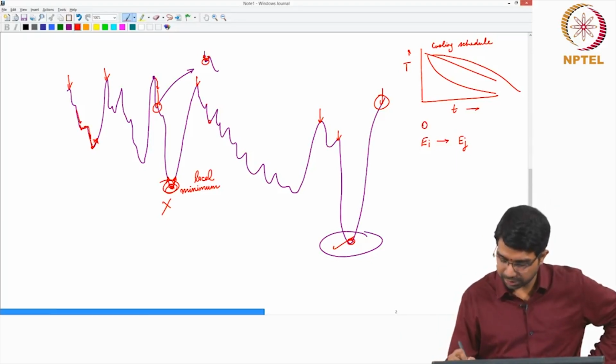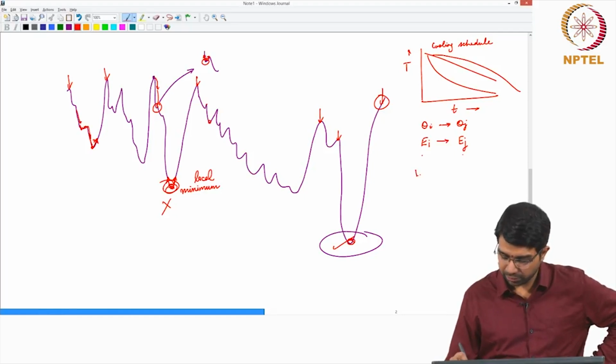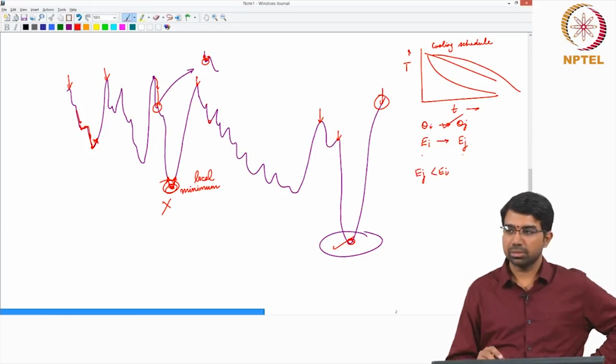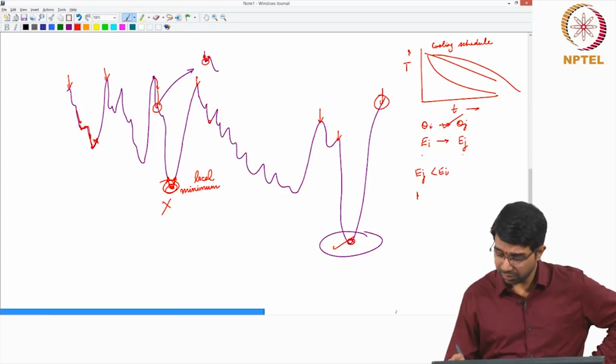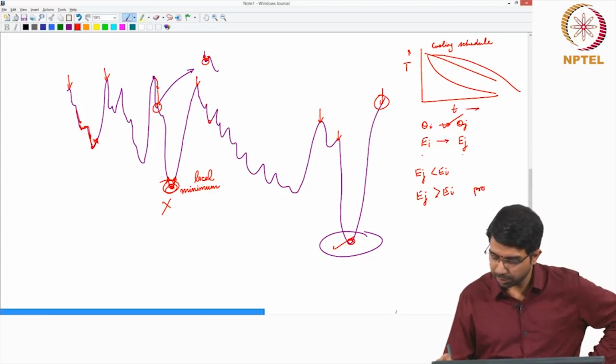So, you move from essentially theta i to theta j, the cost of which is Ei in the first case, Ej in the second case. If Ej is less than Ei, accept this move for sure, no question, right. That is like your classic hill climber. If Ej is greater than Ei, you accept it with some small probability.